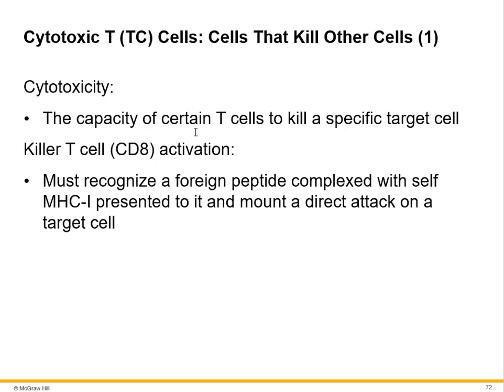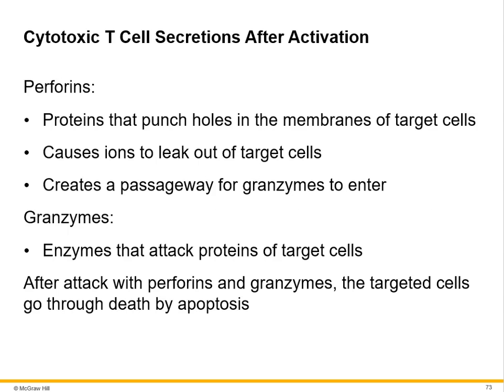And also they can kill cancer cells as well. But they have to recognize a foreign peptide complex with an MHC1. So it's not just random killing, it's a really specific targeted thing, and it does require binding to the T cell receptor and the CD8 binding to the MHC that has the antigen in it.